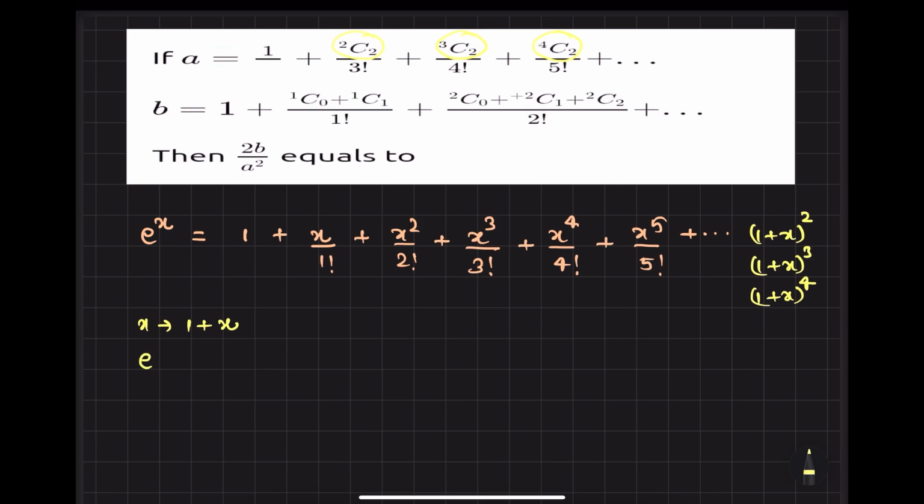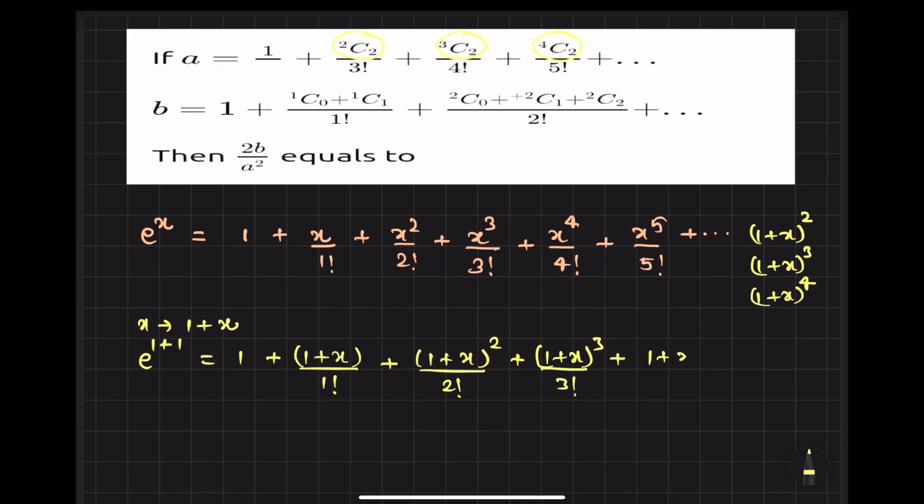Now what I will do, I will replace x with 1 plus x, and look at this, what will happen. So we have e power 1 plus x equals 1 plus 1 plus x by 1 factorial plus 1 plus x square by 2 factorial, 1 plus x cube by 3 factorial, 1 plus x power 4 by 4 factorial, 1 plus x power 5 by 5 factorial dot dot dot.